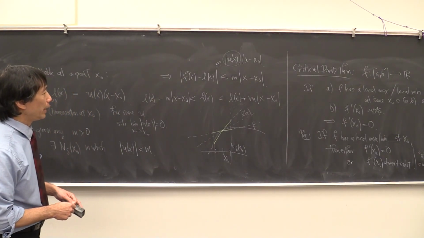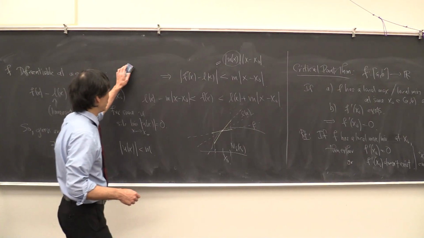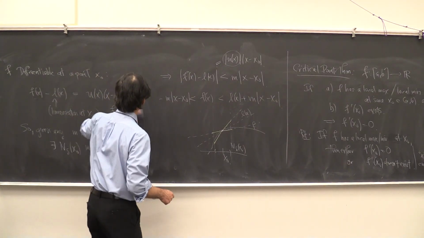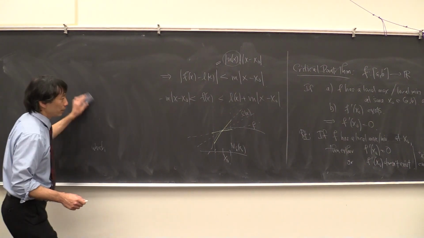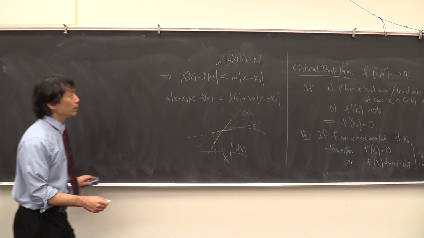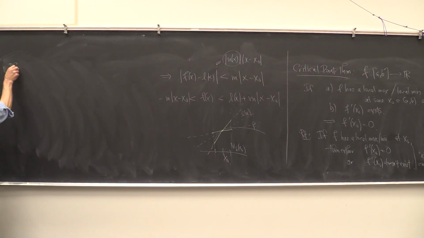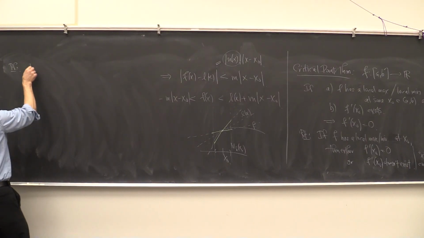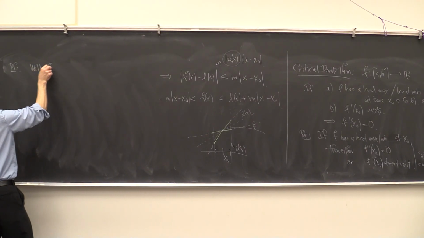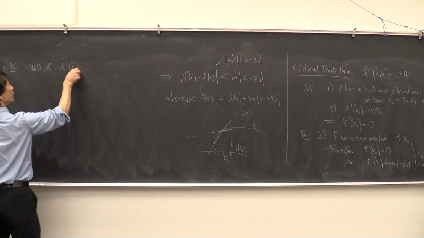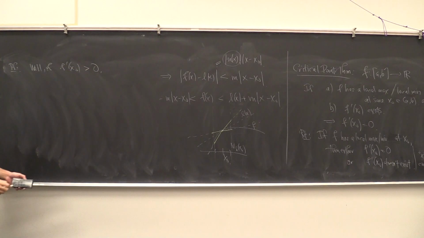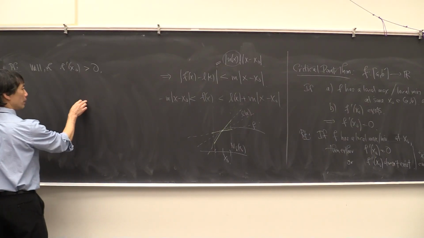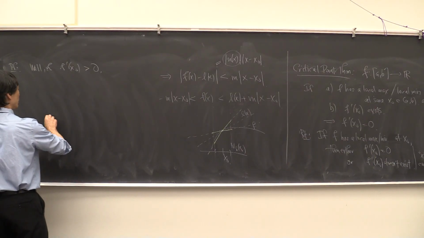Okay, and the proof is pretty straightforward, right? You just say, well, look, if the derivative is, for example, greater than 0, then you'd have this sort of picture, right?